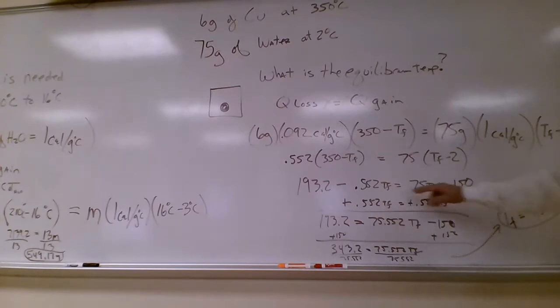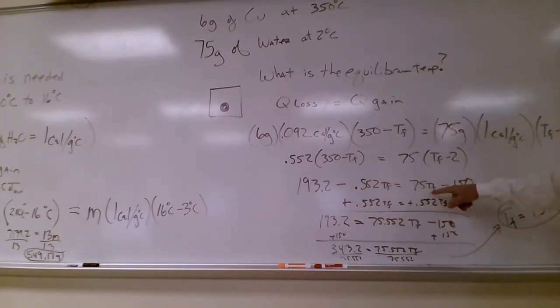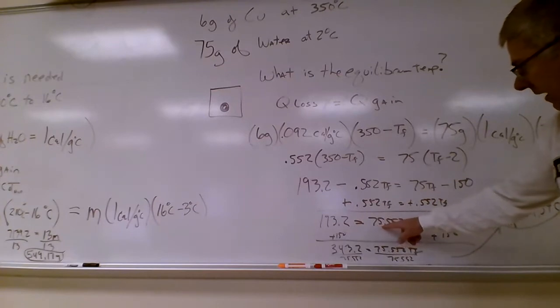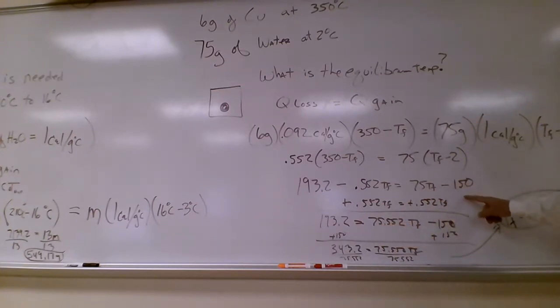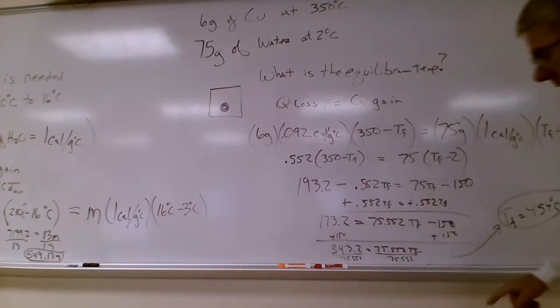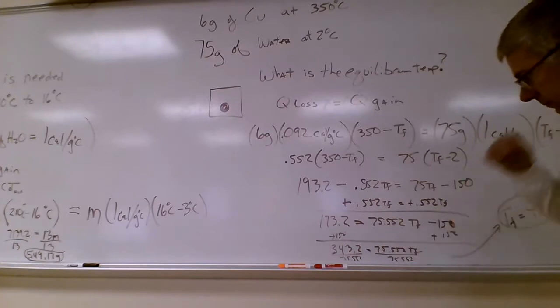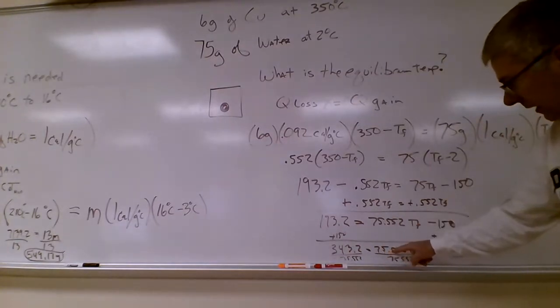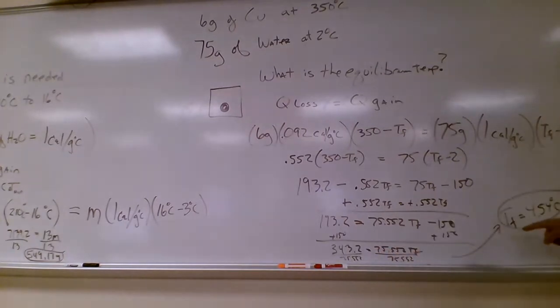Then, because this is a negative, I'm going to add this over to this side, and I get 75.552 TF. And then this is a negative here. I add that over to this side, and the 193 becomes 343.2 equals the 75.52 TF. And when you divide by 75.52, your final temperature comes out to be 4.54 degrees Celsius.